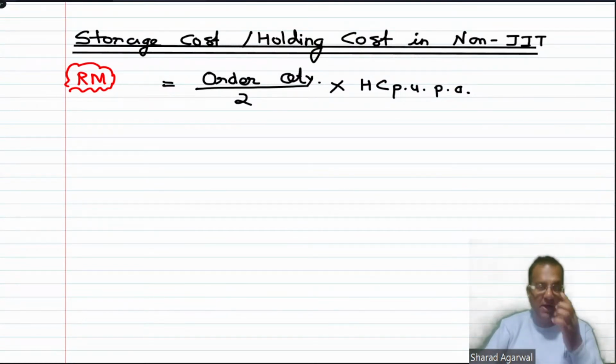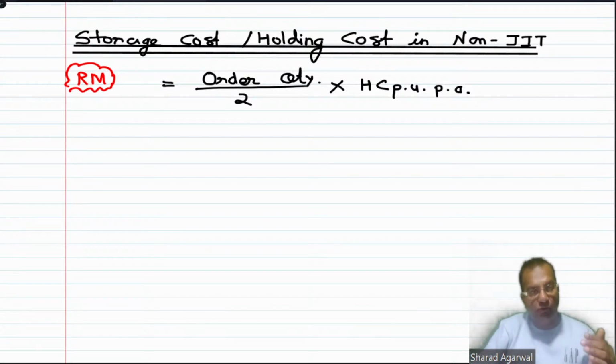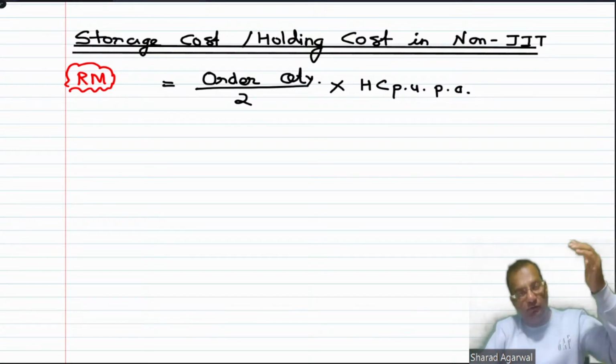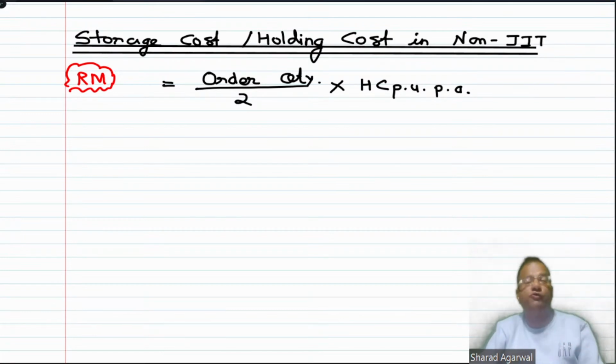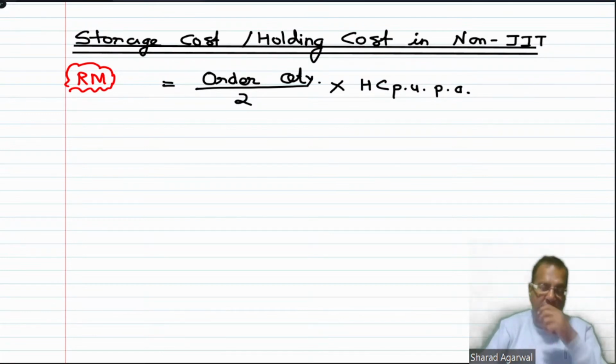The basic idea behind averaging the order quantity is that whatever you have purchased will not remain the same throughout the period. Whenever it is purchased, the stock level goes up, and naturally, as and when we consume, the stock level goes down. So, on average, we incur the holding cost. That's the logic which you have studied at inter level.